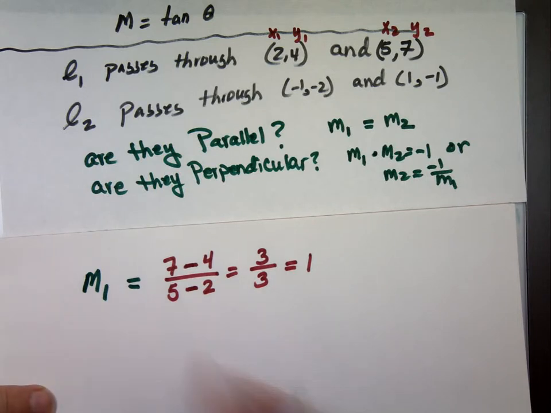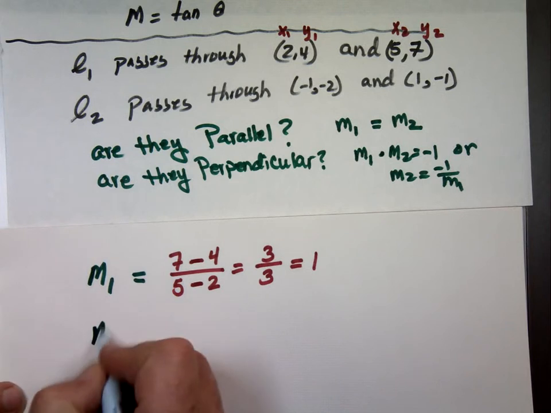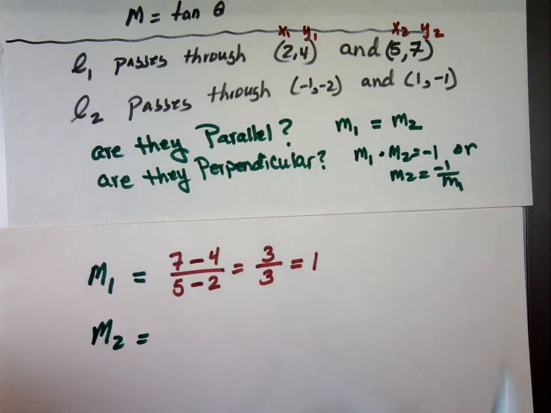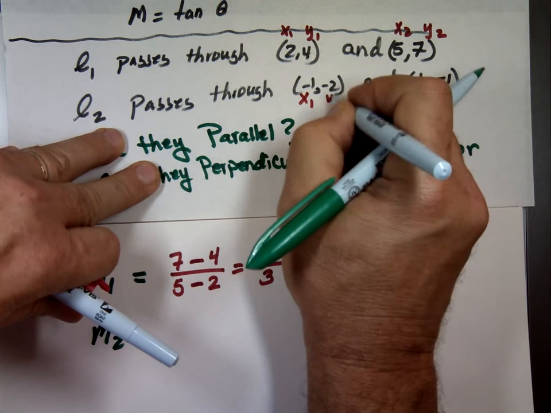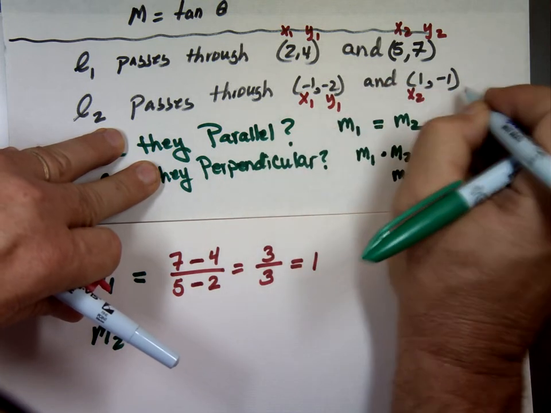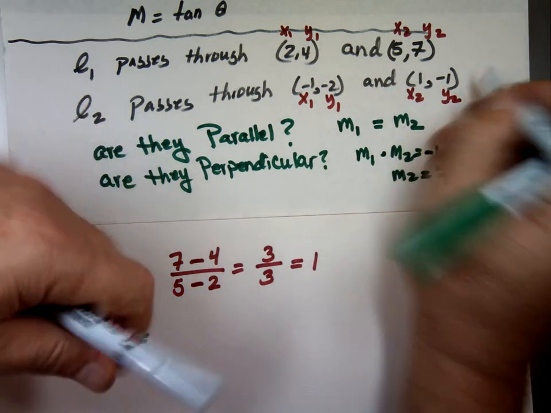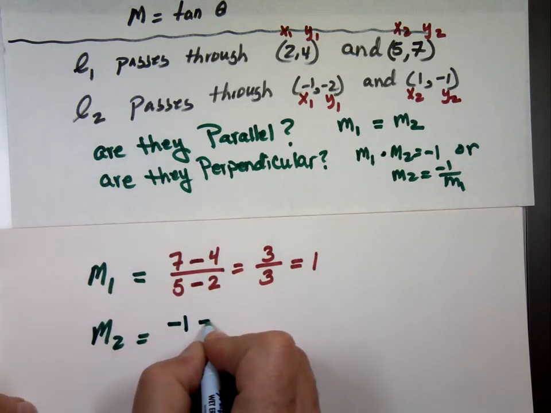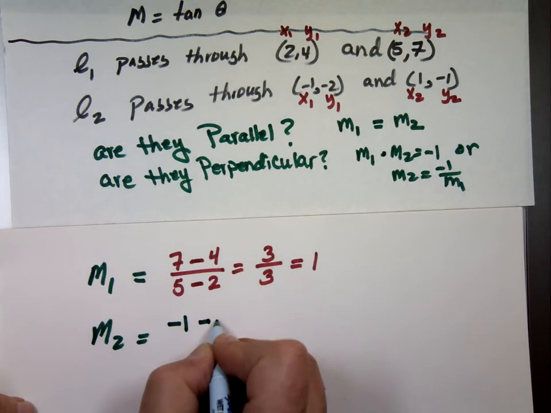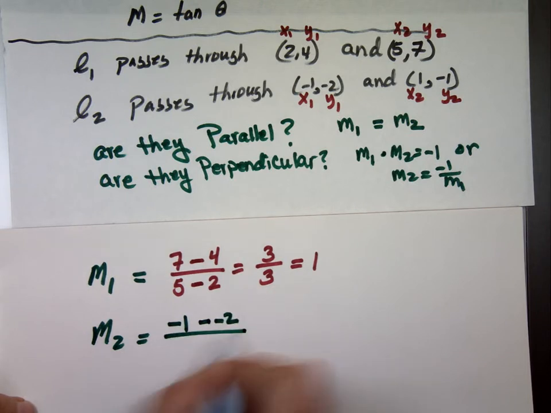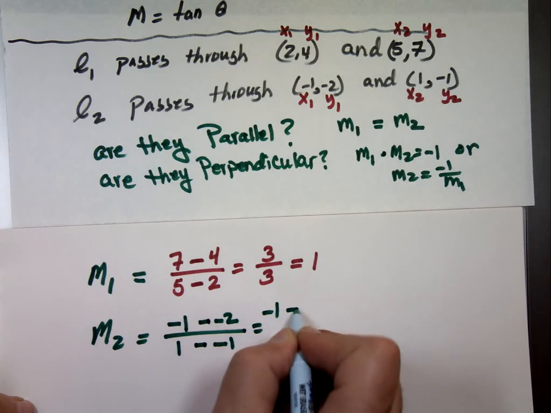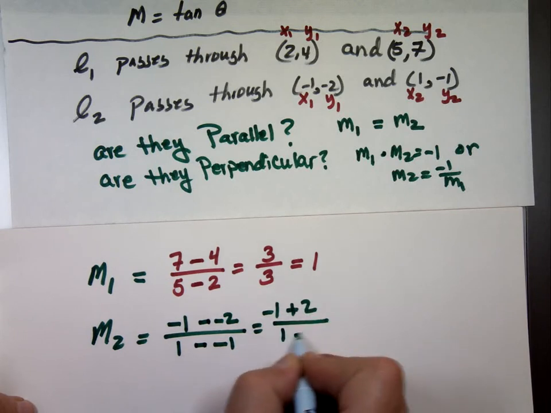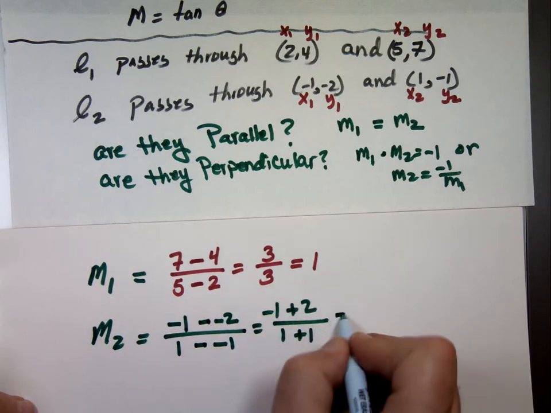What's the slope of the second line? Let's call this x1, y1, x2, y2. It'll be minus 1 minus a minus 2, over 1 minus a minus 1. That's minus 1 plus 2 over 1 plus 1. That's 1 over 2.